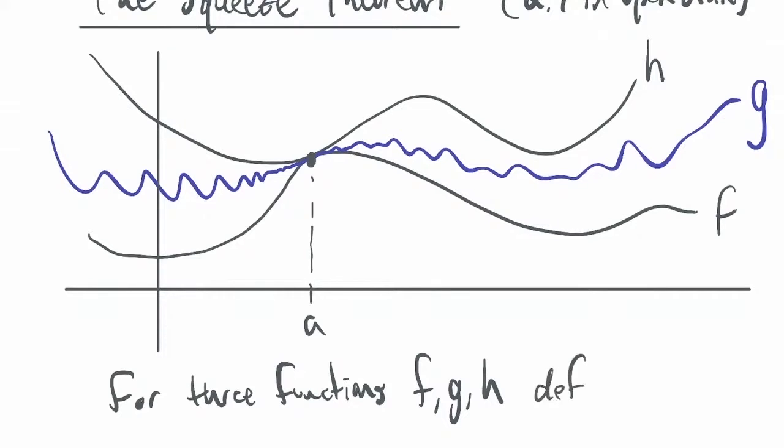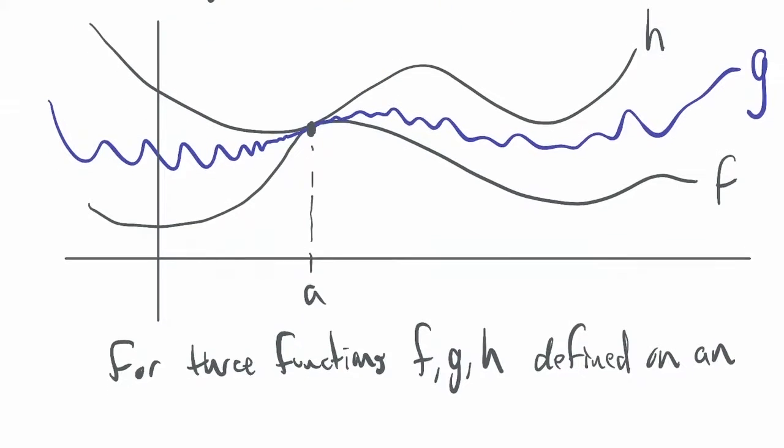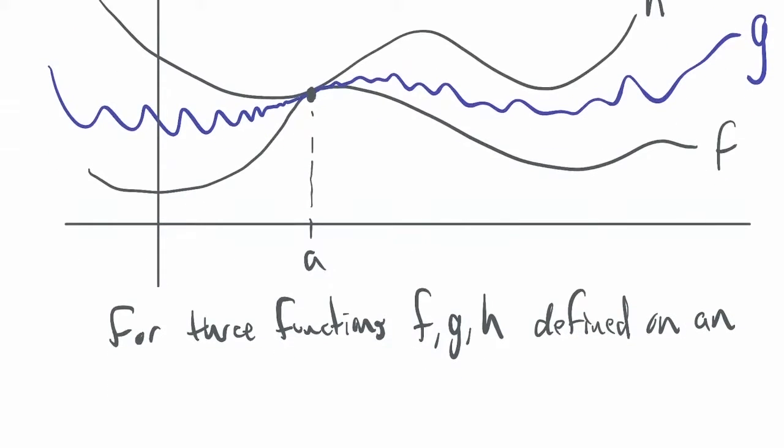Defined on an, well, let's say open interval. We'll talk more about what open means in the next section. I'll say what it is, but we'll talk more about it in the next section as well. Defined on an open interval containing a.